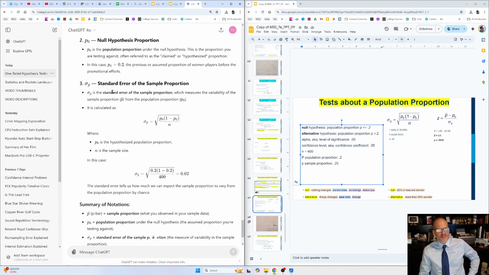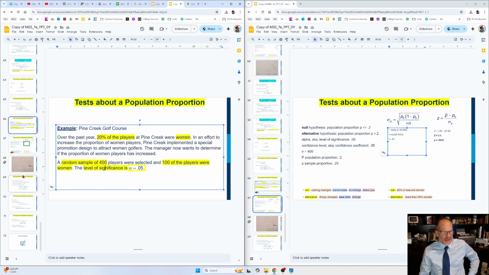It's our standard error of the sample proportion, that sigma p. So the sigma p is the standard error right there, but the null hypothesis proportion, right? So the null hypothesis proportion will be 0.2, and so we fill all this in here.